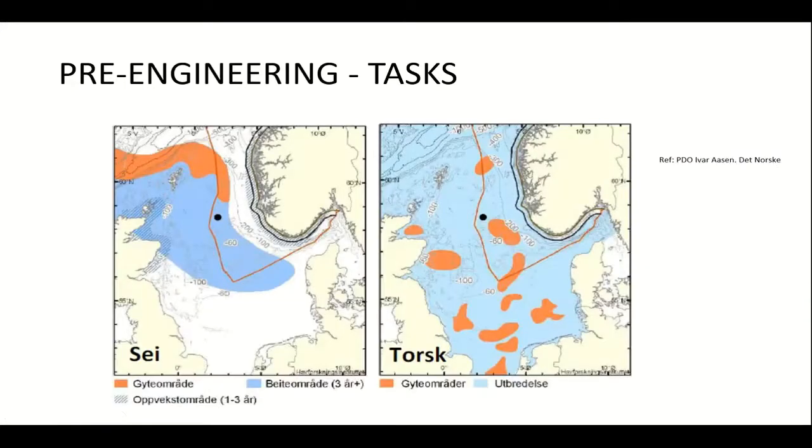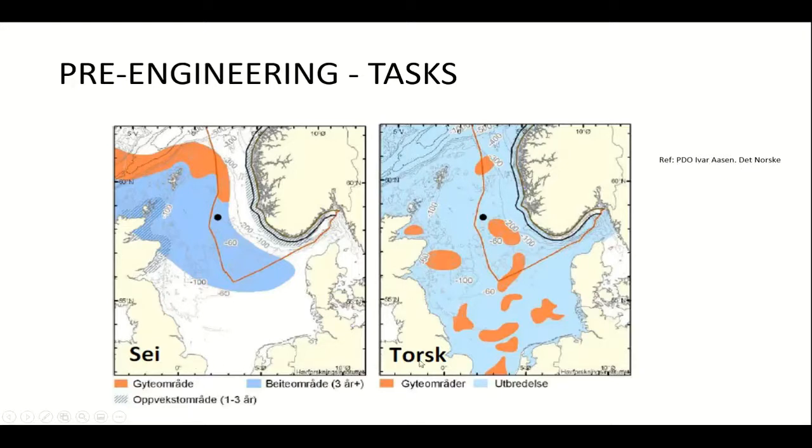So some tasks here in the pre-engineering, this is taken from this report for a field called Ivarosen that is now operated by Aker BP. And here it shows, for example, fish.